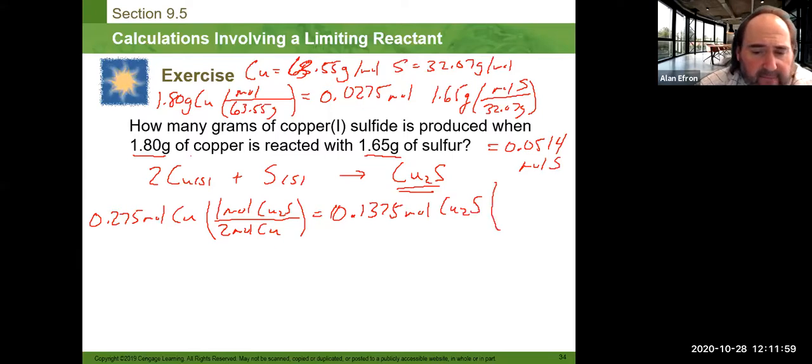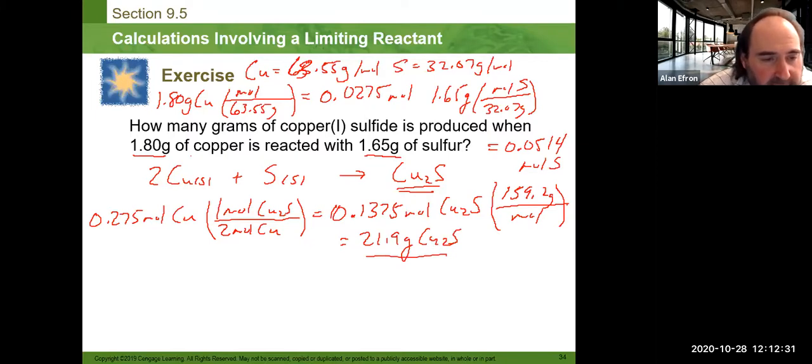We then can convert that into grams using the molar mass. 63.55 times 2 plus 32.07 gives us something like 159.2 grams per mole, times 0.01375 gets us something like 2.19 grams of Cu2S. That would be produced from copper going to make our product.